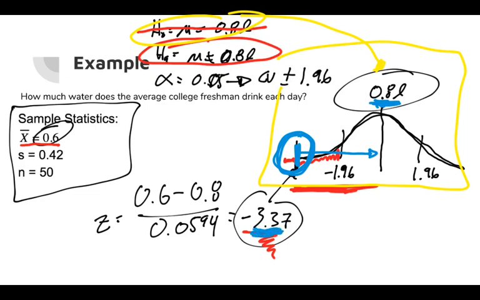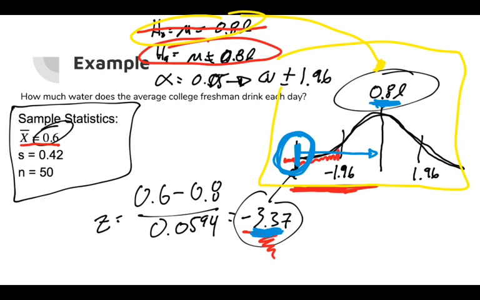For something that has a z-score of 3, we know that anything that's beyond 3 standard deviations away from the mean, you're looking at the probability of something being out there is less than 1%. So we can say with a lot of confidence that this is not the case, right? That they're not drinking 0.8 liters a day, that it's less.